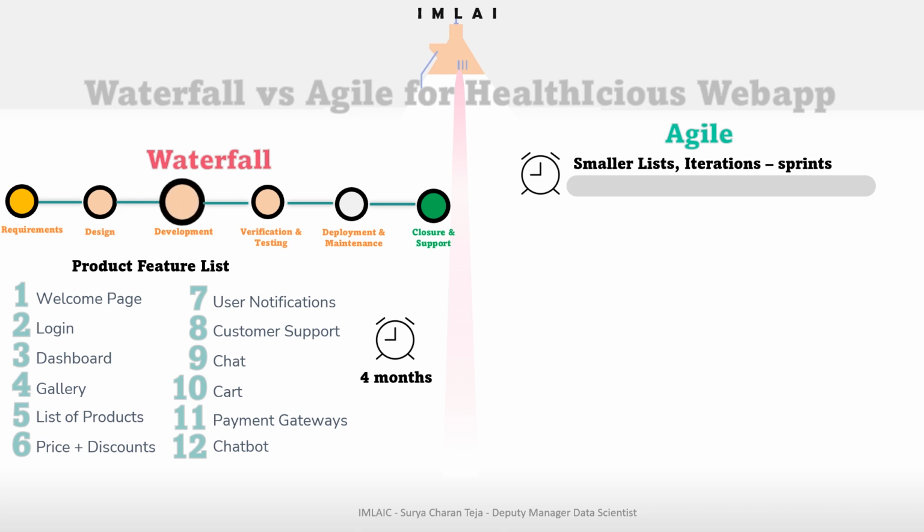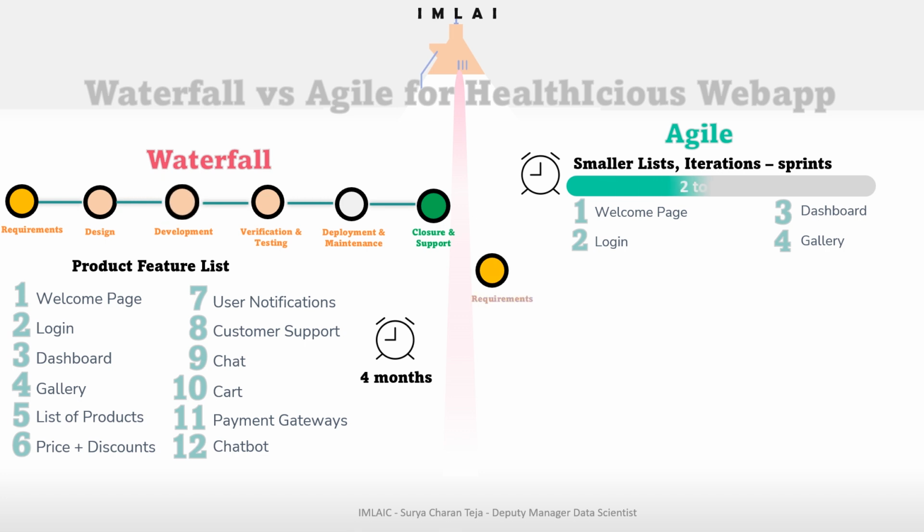For example, we have 12 features here. Out of 12 features, we are going to select four features: welcome page, dashboard, login, gallery. For these four features, we will initially gather the requirements.